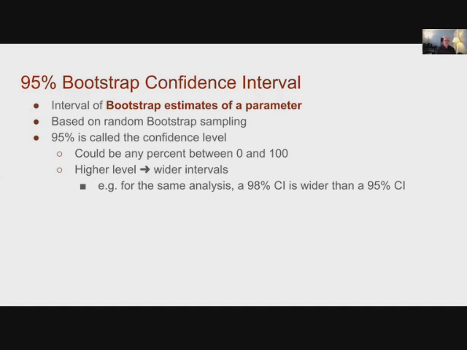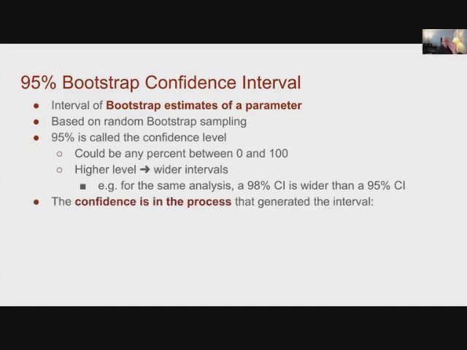If we want to say it's going to fall within 98% of the time, it's going to be wider. We're going to have to capture more of the histogram. So that's why the larger the confidence level, the wider the range is going to be.